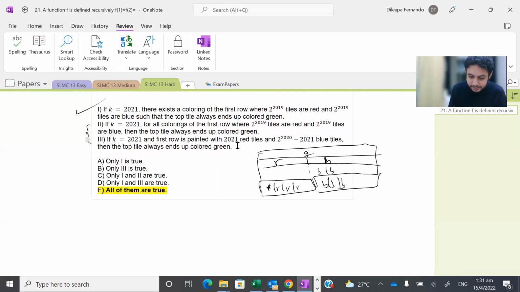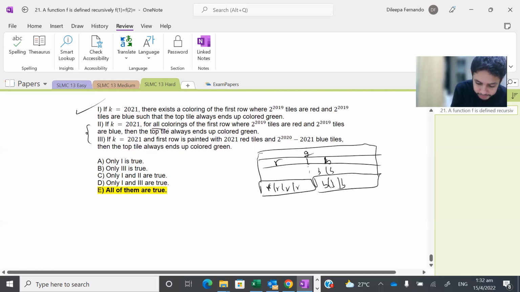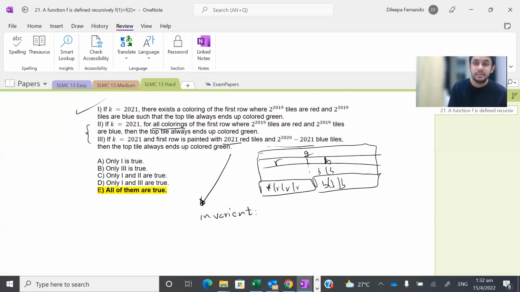In the second case, it is for all colorings, where half are red and half are blue. And for the third statement also, there are several colorings. So we need to find an invariant. That means for any of those different configurations, there should be something that does not change.